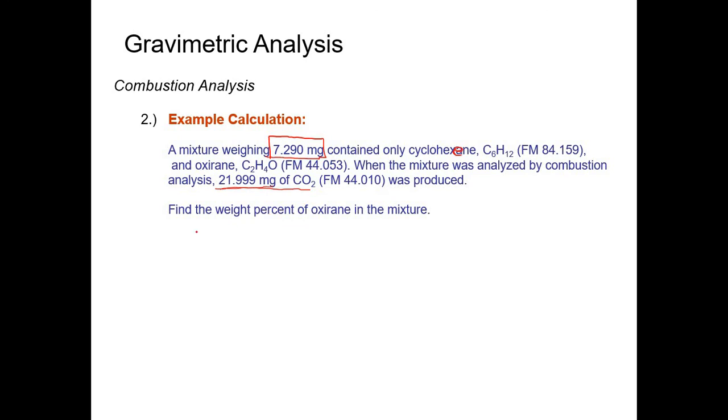So let's first find the balanced equation. We have C6H12, and if that's oxidized, you form CO2 and H2O. When you oxidize C2H4O, you also form CO2 plus H2O. So we need to balance these equations.